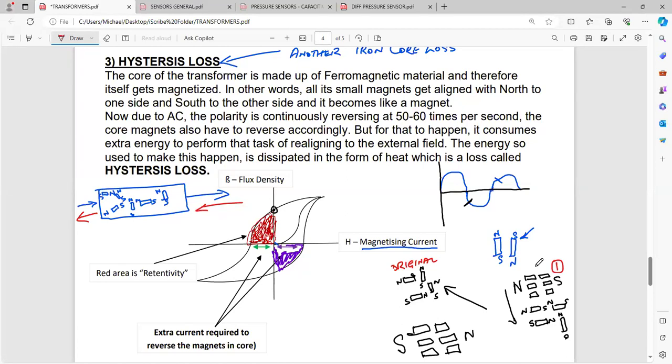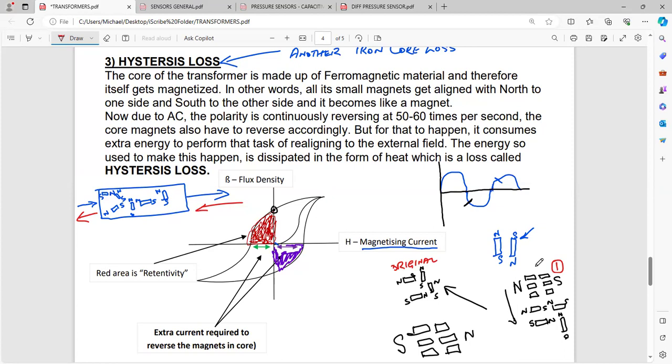That is what we are talking about when we start our generators. There's going to be residual magnetism in the exciter coil. And based on that residual magnetism, you are going to be able to develop your voltage for your generators. Okay.